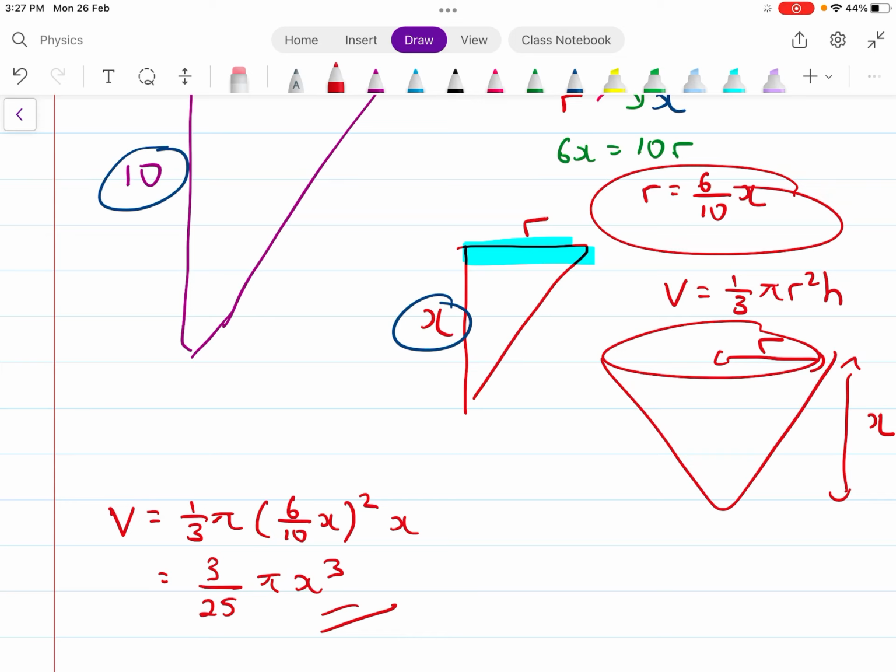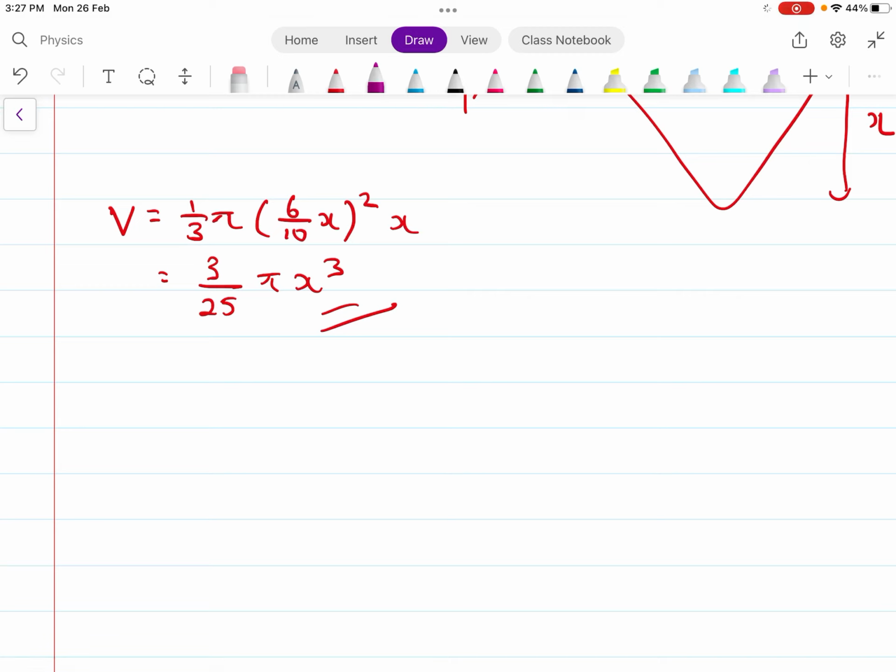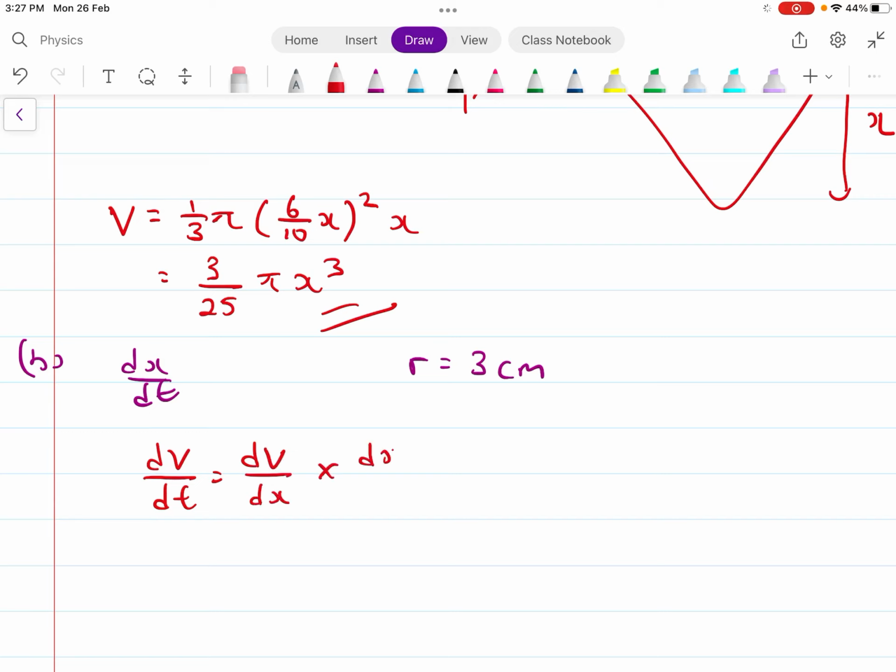For part B, find the rate of change of x, dx/dt, when the radius of the water, which I just put as R, is equal to 3 centimeters. To do this question, you need to always write down the chain rule: dV/dt is equal to dV/dx multiplied by dx/dt.